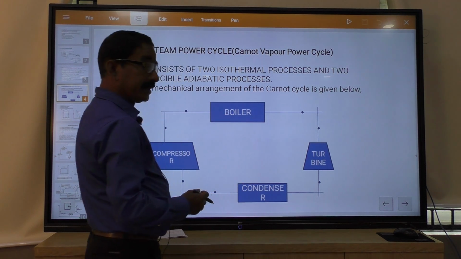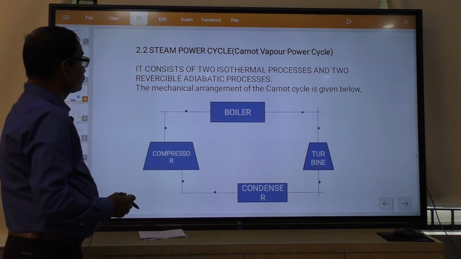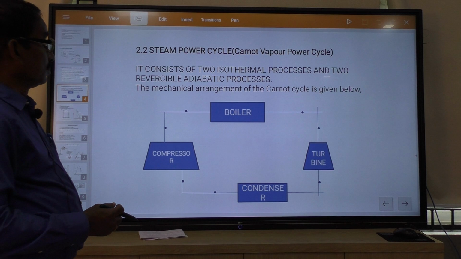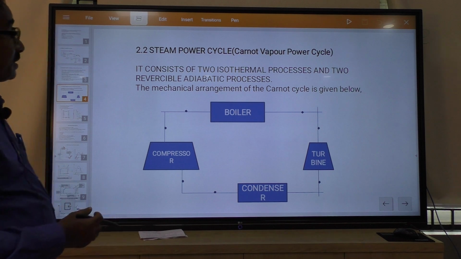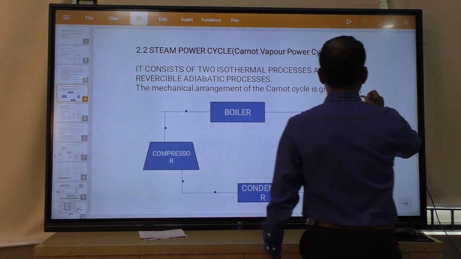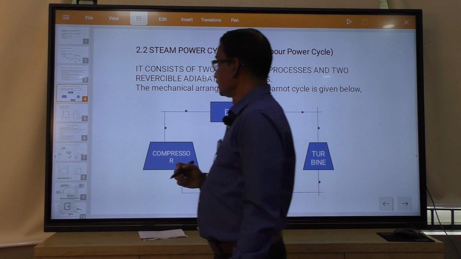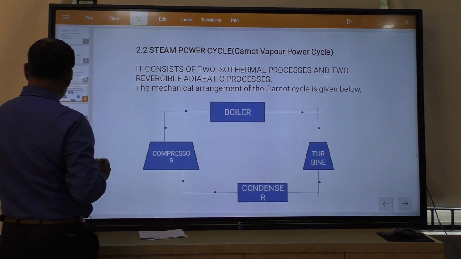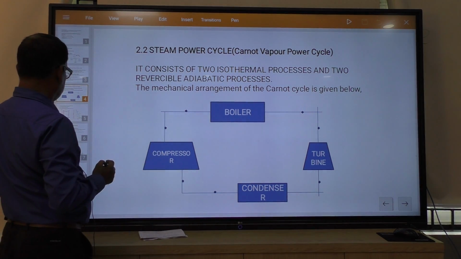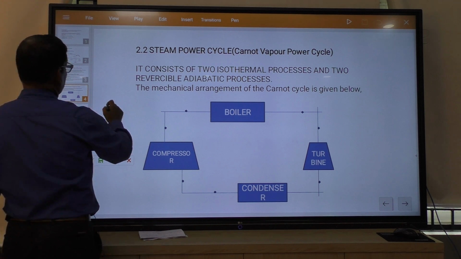Any cycle or any engine is only possible as per the Kelvin-Planck statement in the second law of thermodynamics.